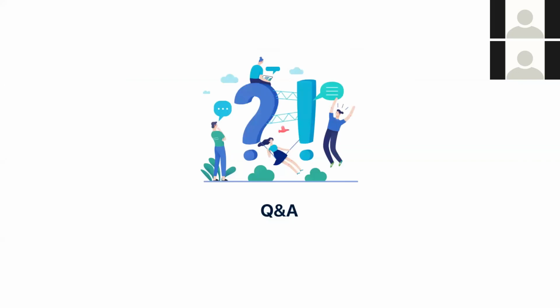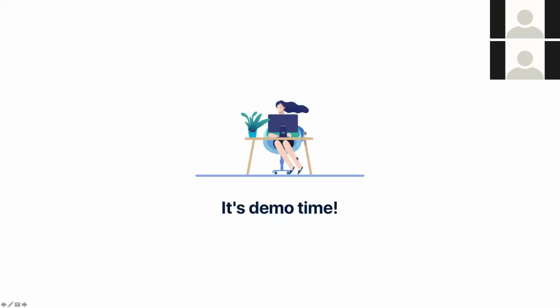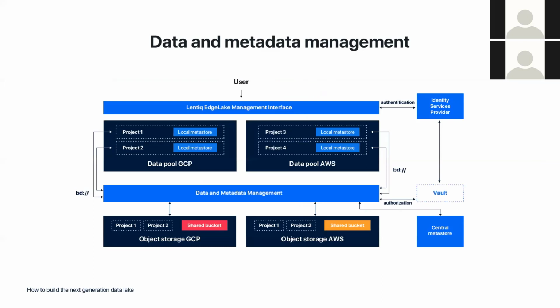So the first question is, can data be moved between different cloud providers? Well, this is happening by default, because of the management system that we have developed in-house. Basically, it is an abstraction layer over the underlying object storage.